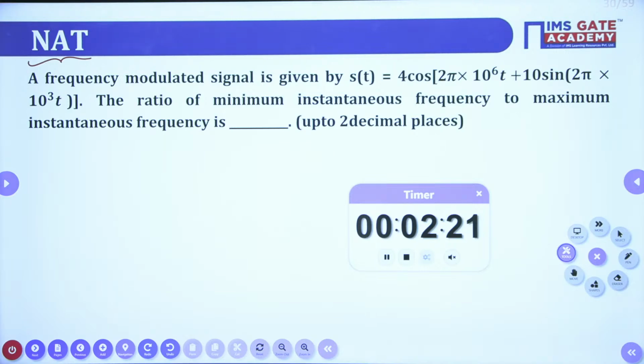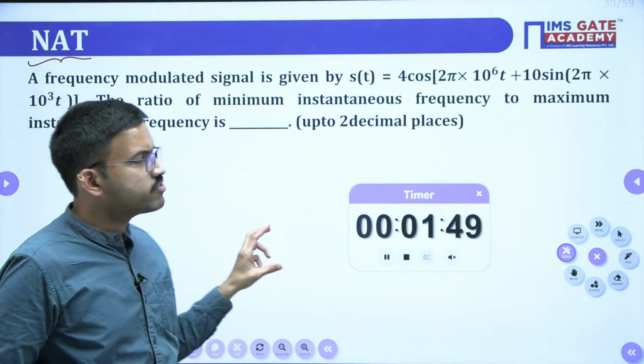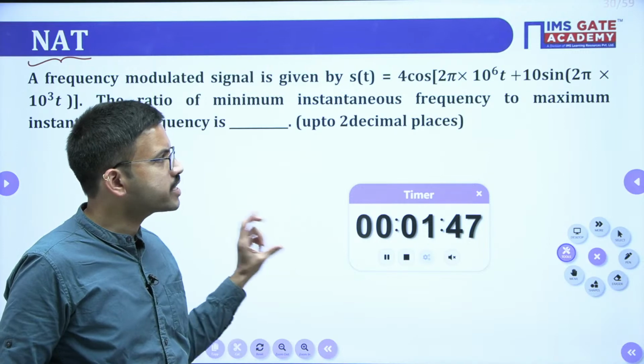Yeah, Tushar, you are almost closer to the answer. Just cross check. Here they are asking the ratio of minimum instantaneous frequency to the maximum instantaneous frequency. Tushar and Rohit, after solving this equation, finally what two numbers are you getting? The ratio of which two numbers?